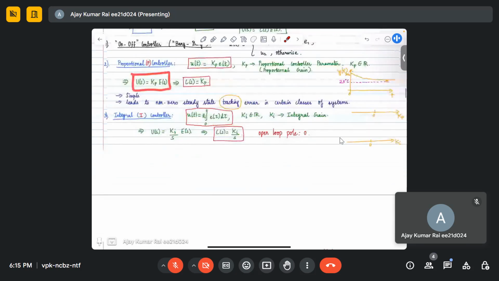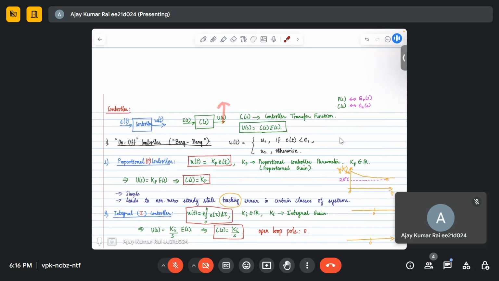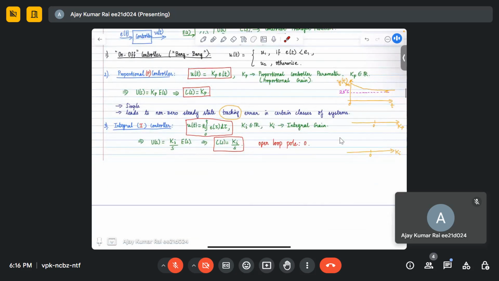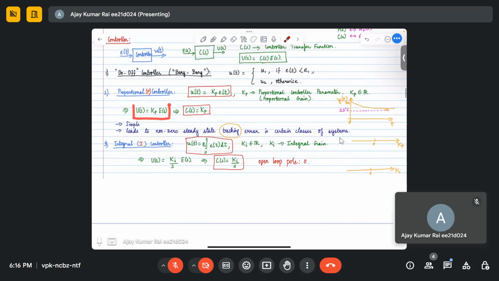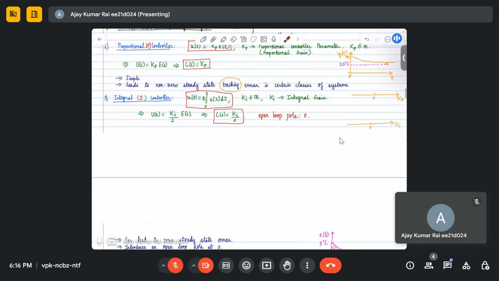And for the integral controller, this is the control block diagram for the controller. E of S is the input and U of S is the output of the controller, so the transfer function will be in terms of U of S and E of S. The integral controller integrates the error over time.